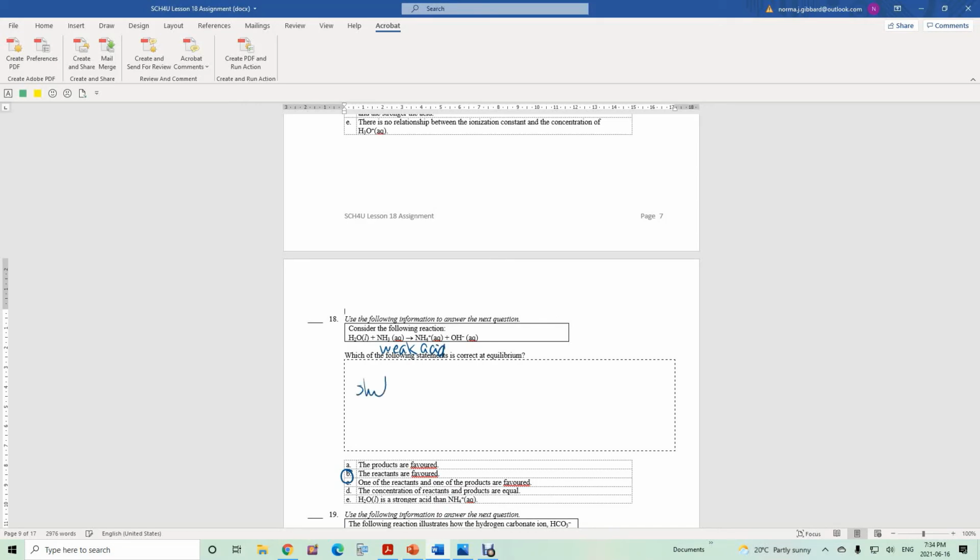So the shift is in the direction in which stronger acid and stronger base form weaker.